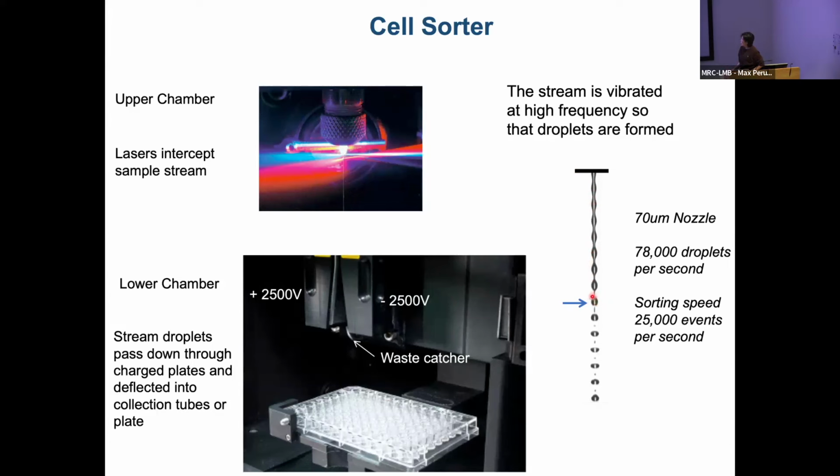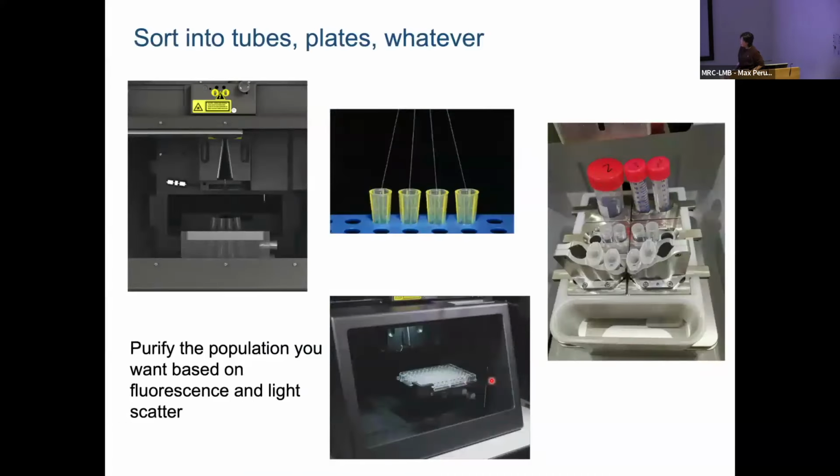And this droplet will be deflected and collected into a medium, for example, tubes or plates. So we can sort your cells into 5 ml tubes, 1.5 ml tubes, plates, many different sizes of tubes, I would say.